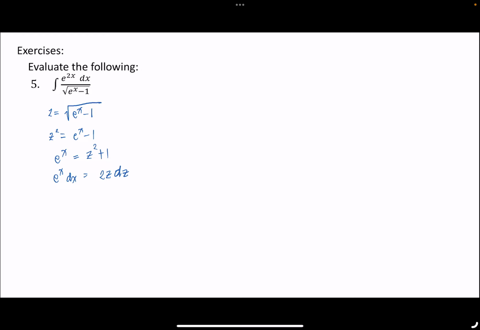So dx is equal to 2z dz over e to the x. So dx is equal to 2z dz over z squared plus 1. With that, we can substitute that here. So we have e to the x squared dx all over square root of e to the x minus 1.